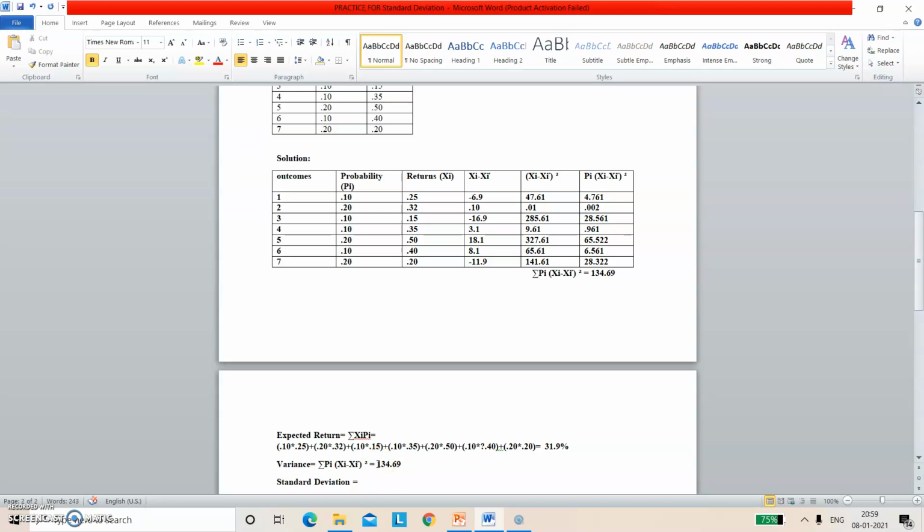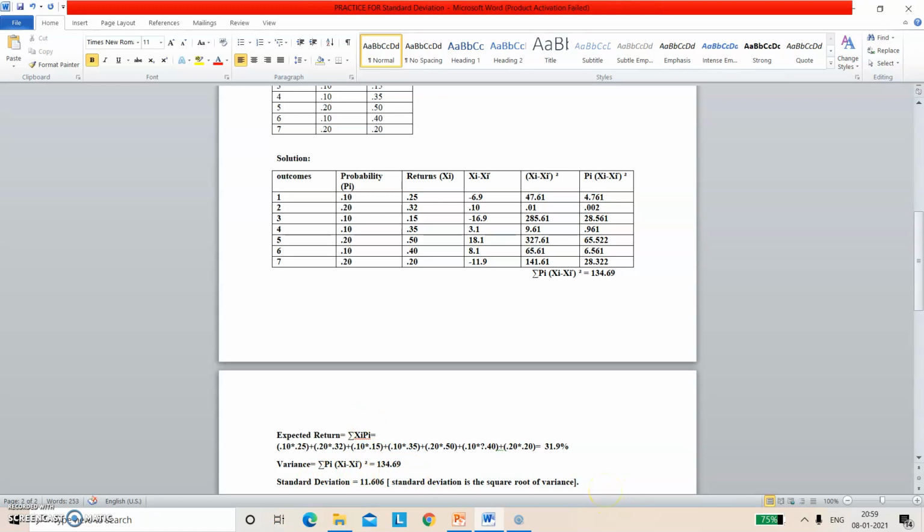Standard deviation is the square root of variance, or variance is the square of standard deviation. So the answer is 11.606. So the standard deviation for this is 11.606, whereas the variance is 134.69.